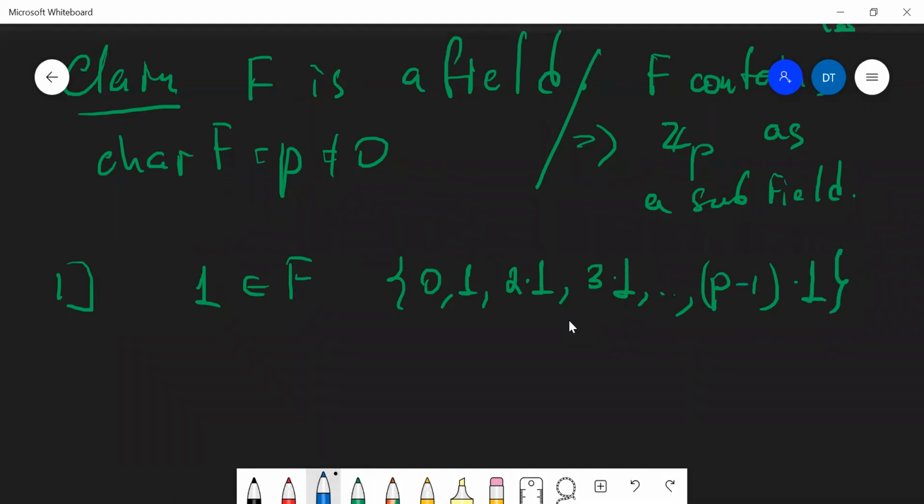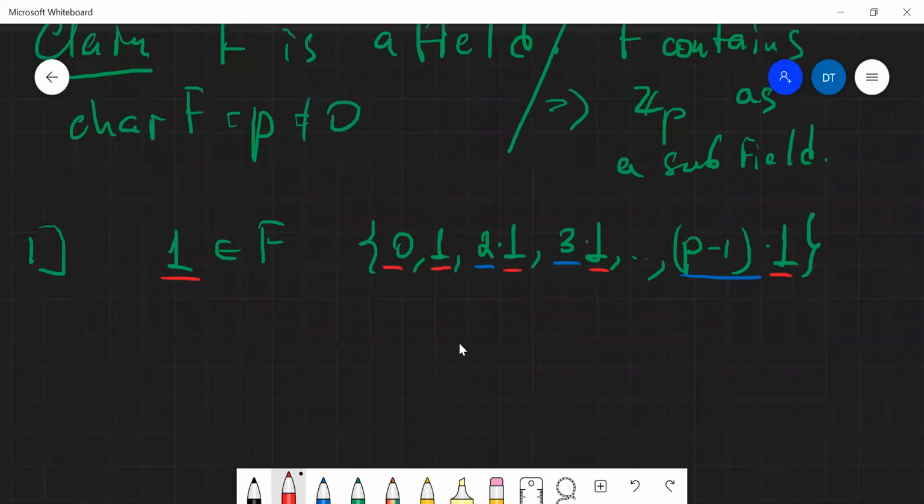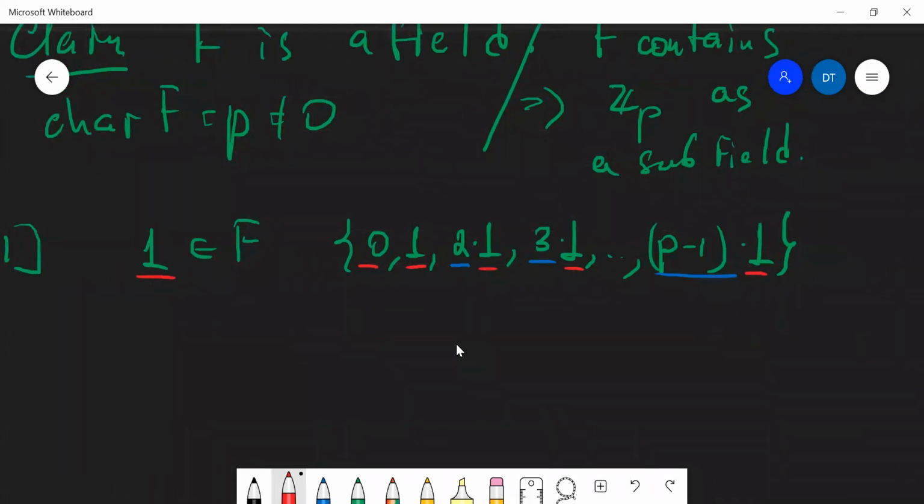Here, the first factor is an integer, and the second factor is the identity element of the field. And this is just the 0 element. So this is just a subset. Let me denote this subset by E, and E is a subset of F.